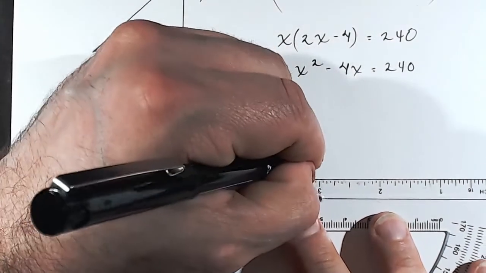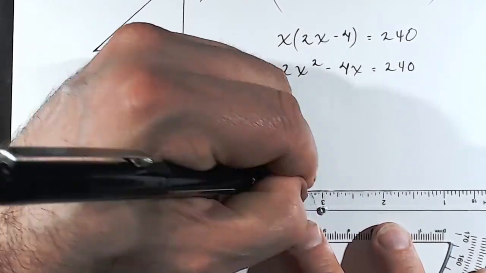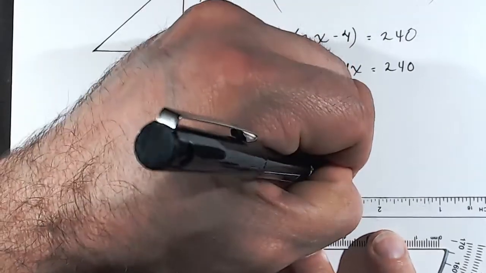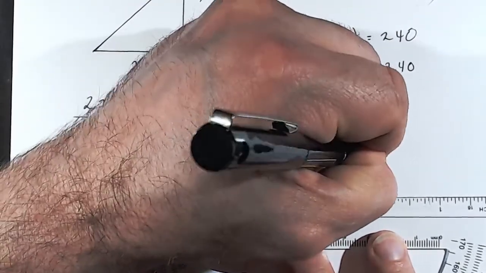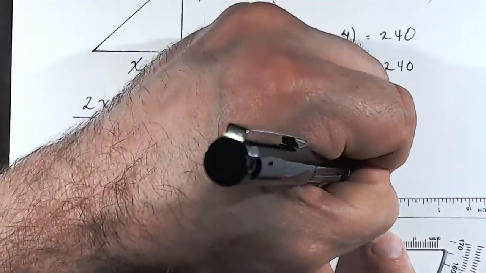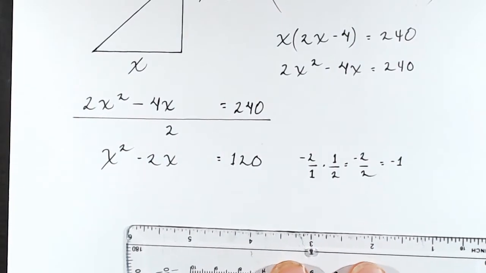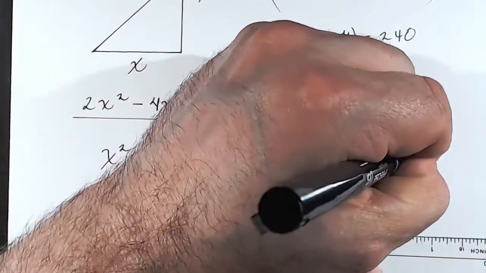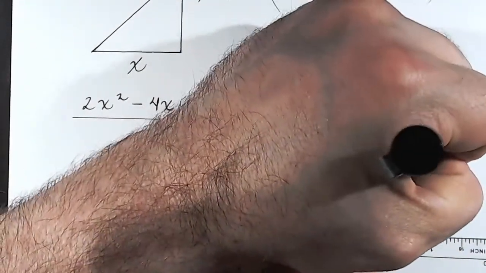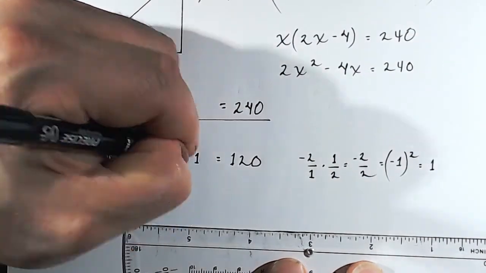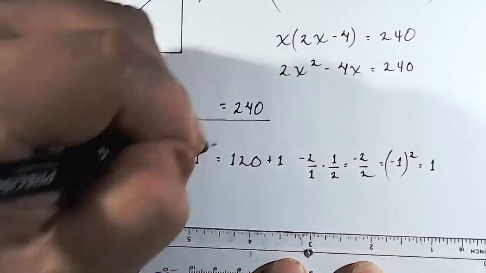We have negative 2 over 1. If I multiply that by 1/2, I get negative 2 over 2, which is just negative 1. Now I square that term, and I get 1. So I'm now going to add 1 to both sides.